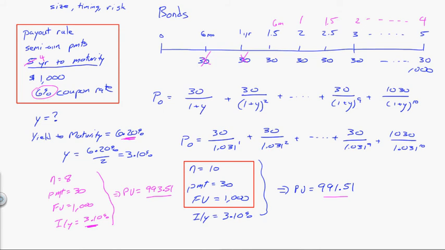Alright, so let's look at this from a slightly different setup. So let me move this up a little bit, and we want to come up with a new payout rule. Let's say that we have the same payout rule, actually 5 years to maturity, semi-annual pay, 6% coupon.